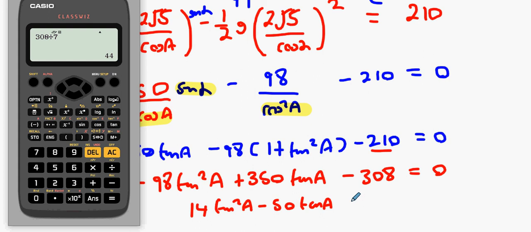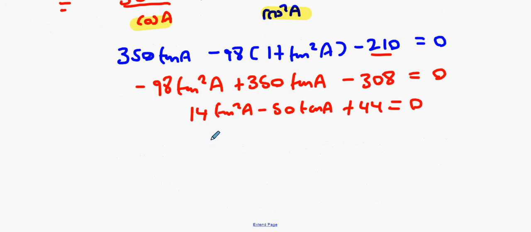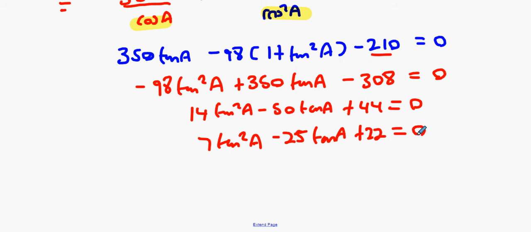It'll break down further as well, which is handy to know. And then I'm going to divide it by 2, and I'm going to get 7 tan squared A minus 25 tan A plus 22 equals 0.